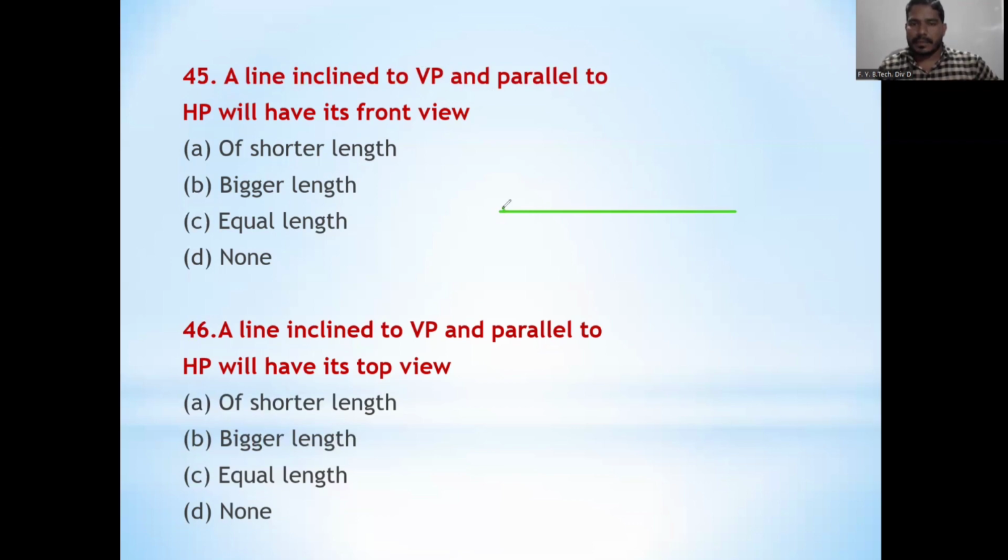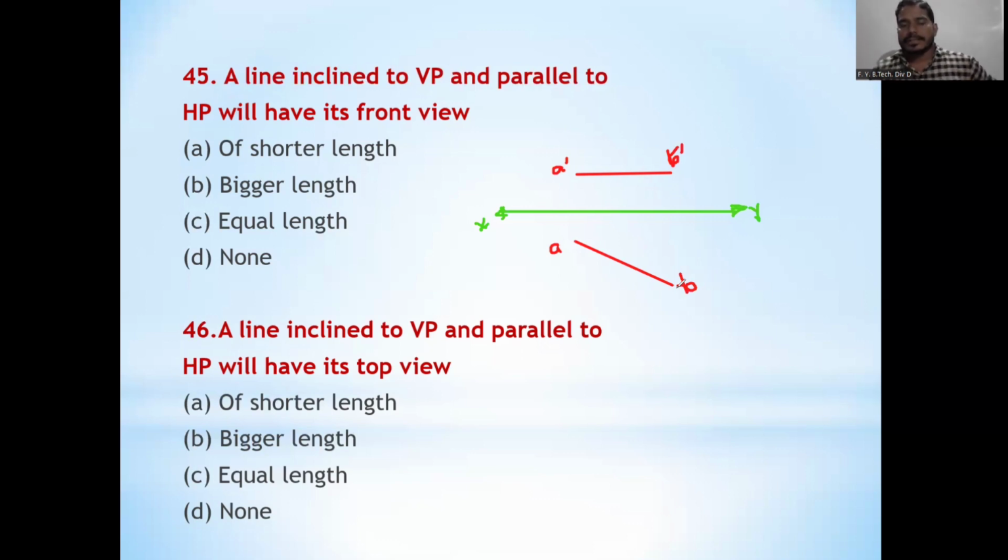So this is the reference axis XY. As I told, its front view will be parallel to XY and the top view will be inclined, like this: a dash, b dash, a, b.